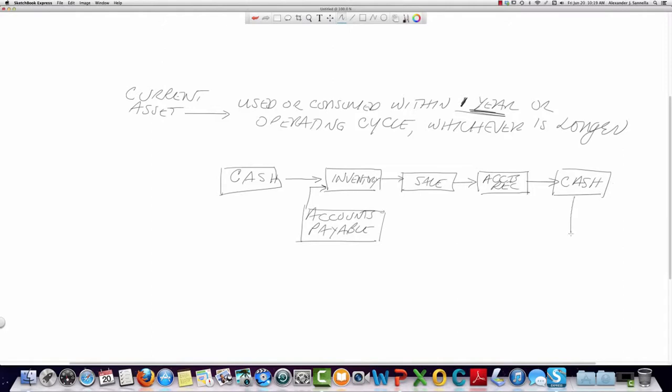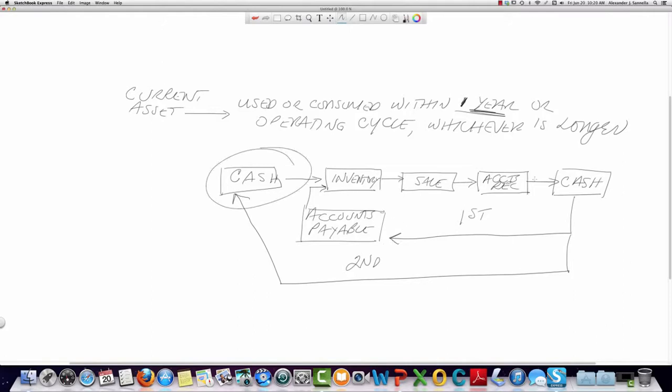Usually, that cash will be used to pay off liabilities first. You could make investments. We'll get back to that later. But once liabilities are paid off, you put the cash back into the operating cycle. Now, this cash-to-cash cycle usually occurs several times in 1 year.